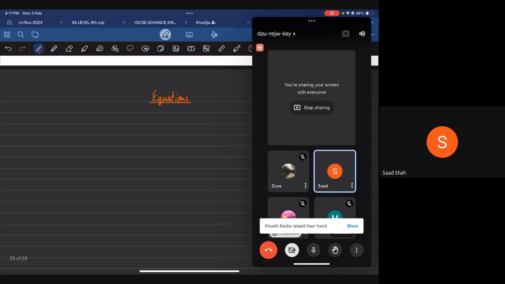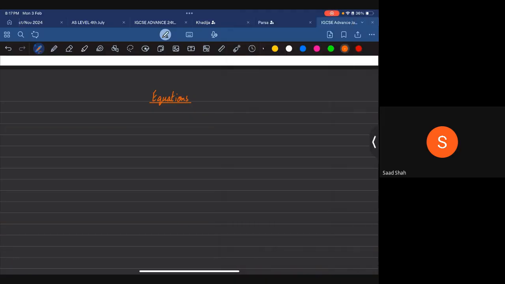Okay, Khushi has got her hand up. Yes, Khushi. Is it linear and non-linear equations? Very well done, actually. Perfect. Spot on. Saad was telling us the further types of them, but technically there are only two types of equations. Very well done, Khushi. You've got your linear equations or you've got your non-linear equations.